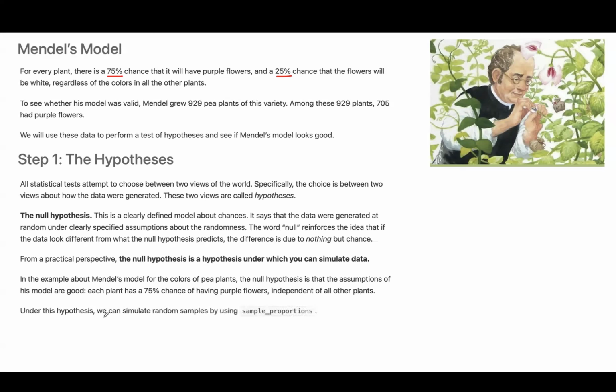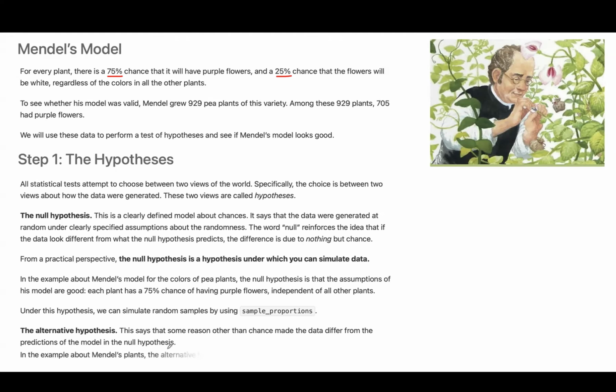Under this hypothesis, we can simulate random samples by using sample_proportions. The alternative hypothesis says that some reason other than chance made the data differ from the predictions of the model in the null hypothesis. In the example about Mendel's plants, the alternative hypothesis is simply that his model isn't good.